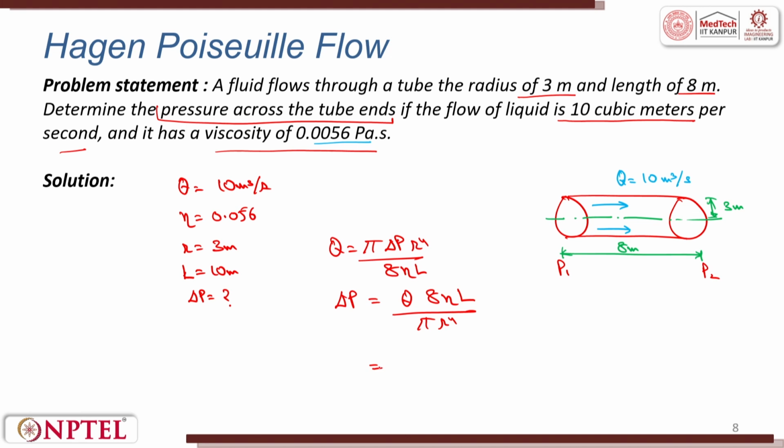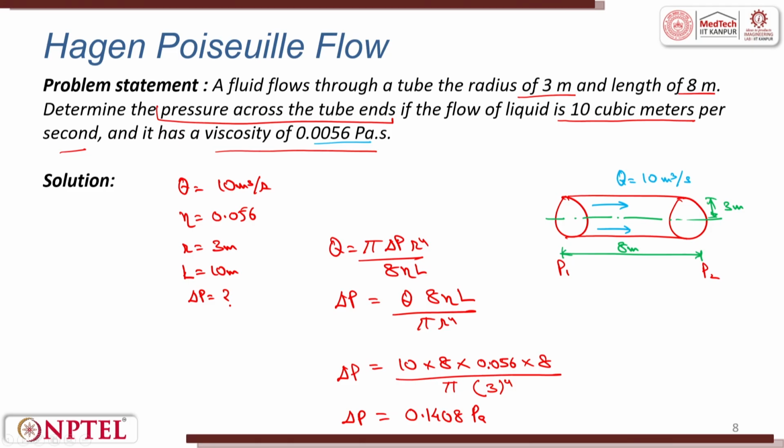Putting the values, the value of Q is 10 into 8 into eta, which is 0.056, and length is 8 meters, divided by pi into r power 4, 3 power 4. This value turns out to be 0.1408 Pascals, because everything is given in meters and seconds. It is in SI units.